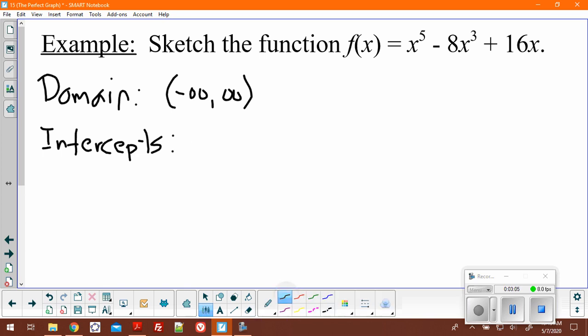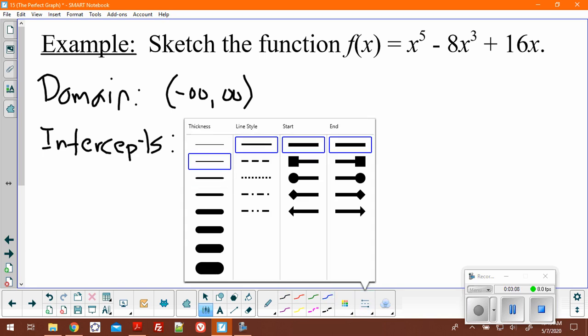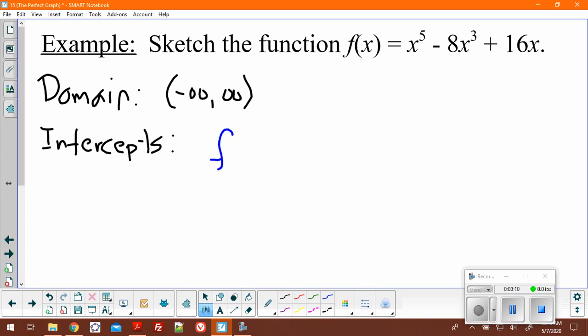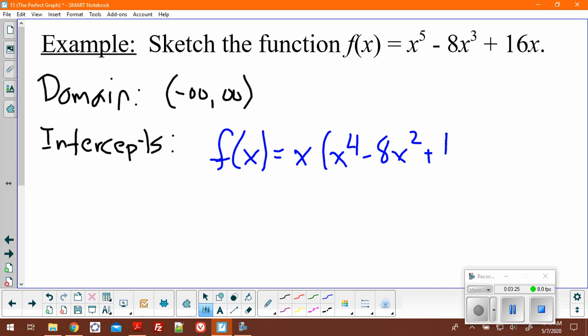So one thing I'm going to need to do with my function is factor it. So I have f of x equals, let's have a look. First thing we hopefully notice is we've got an x on all three terms, so I'm going to common factor x. Second thing we're going to notice is that this looks like a trinomial, except it just has an x to the 4th and an x squared.